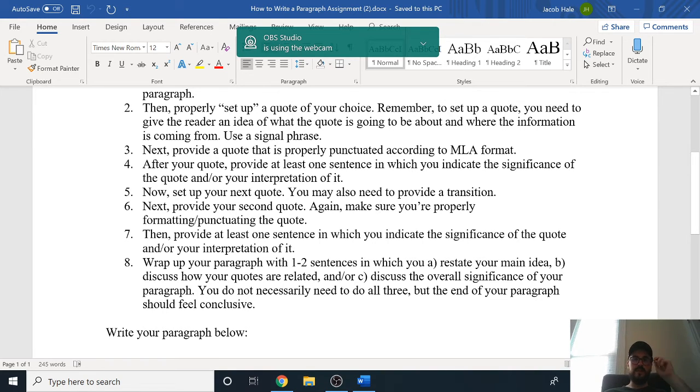So after you quote something, if you just put it in your own words, sometimes that can be an effective way of sort of explaining the quote. Now, it doesn't work all of the time, but if you kind of struggle to explain or analyze quotes, first just try putting it into your own words.